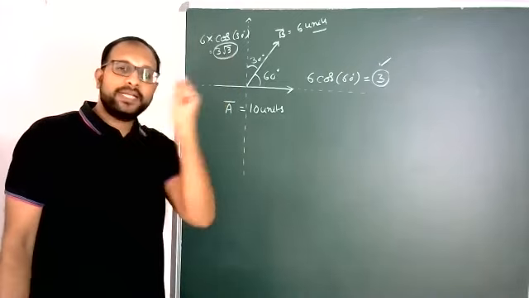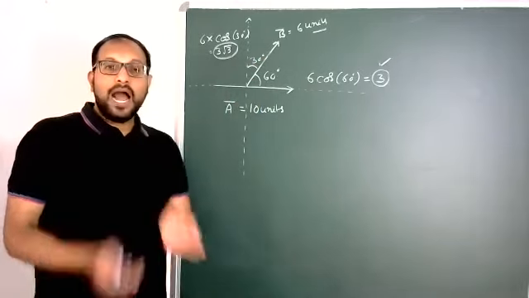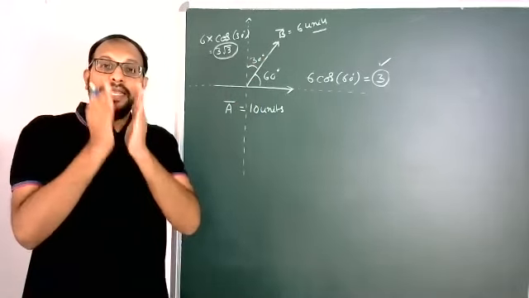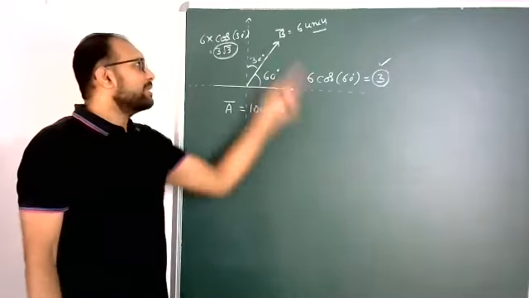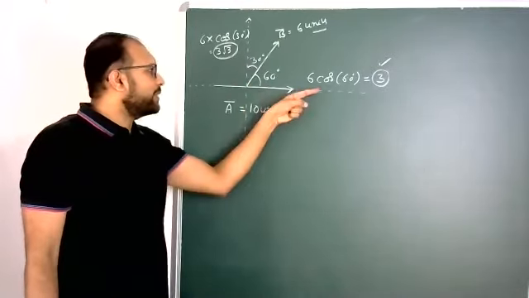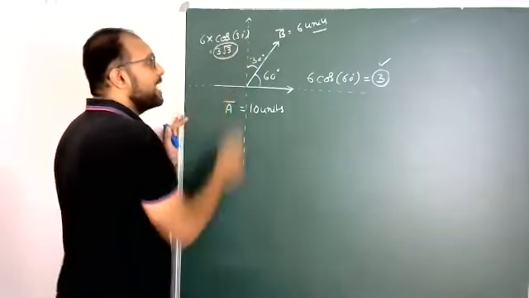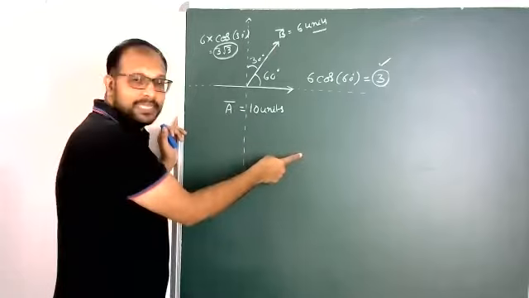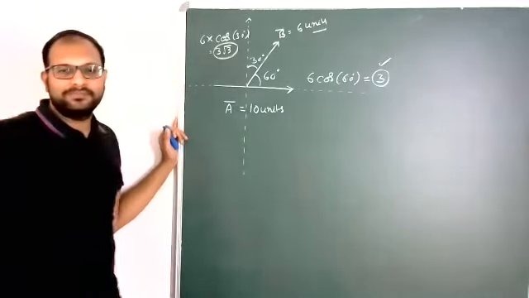And one more important point: a vector is always in between its components only. Suppose this vector has a component here and a component here, then the vector should be in between these two. Suppose this vector is here, then one component here, one component here.